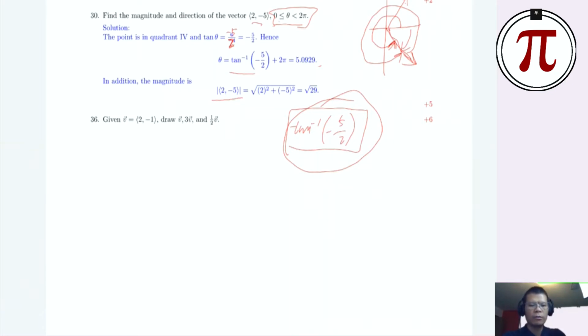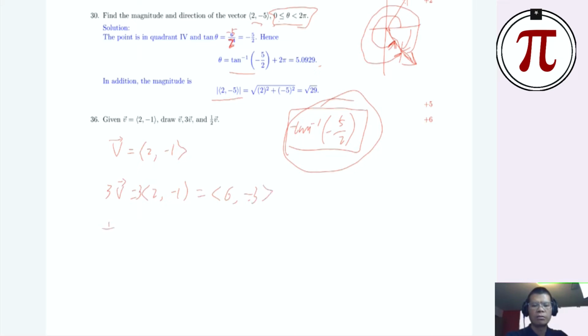Okay, so given this, let me just draw this one. Firstly, I want to say v equals 2, negative 1. So 3v is going to be 3 times 2, negative 1, which is 6, negative 3.